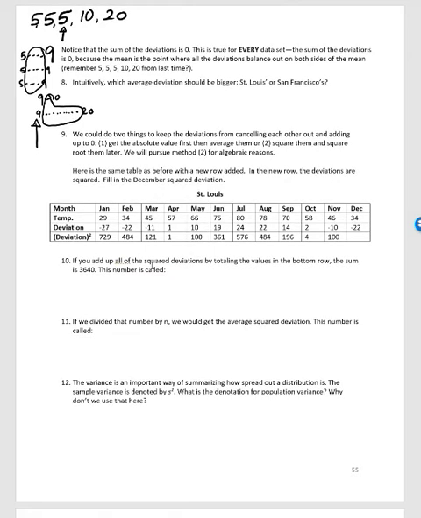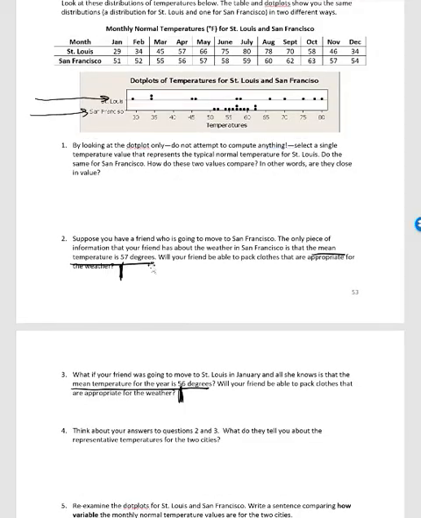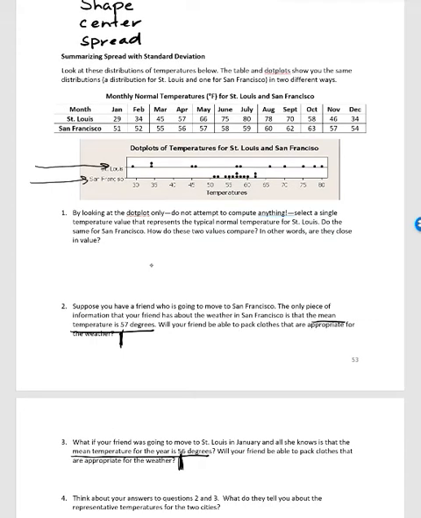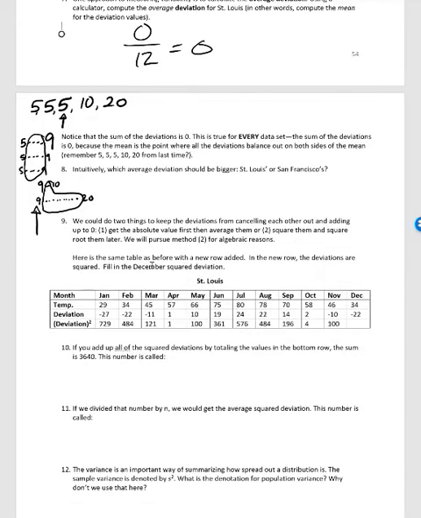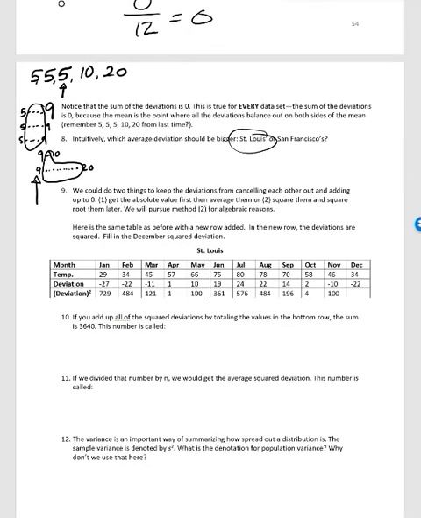Again, it may help to look back at your dot plots. Hopefully you said St. Louis, because it's more spread out, right? If it's more spread out, then we have more things that are far away from that mean, that center point.